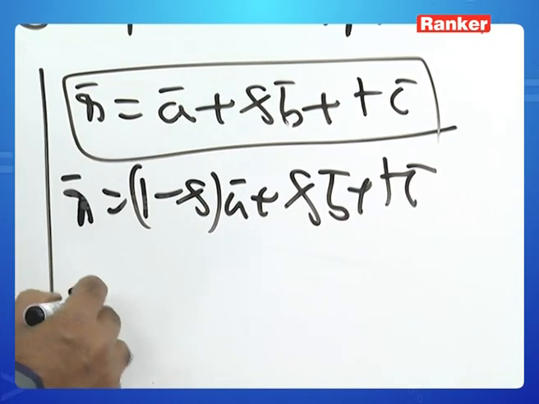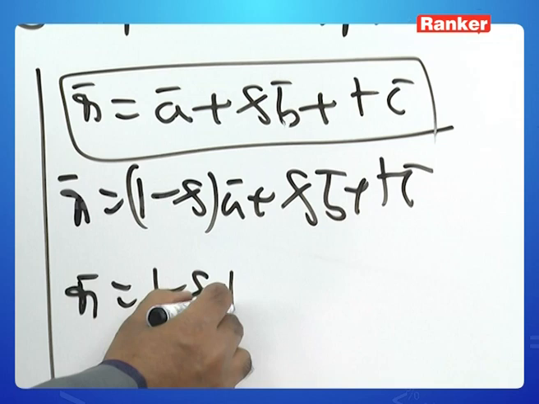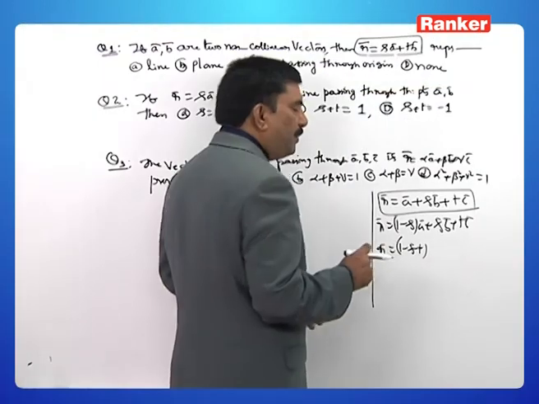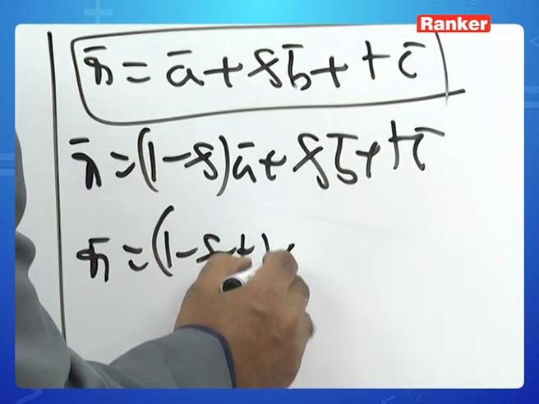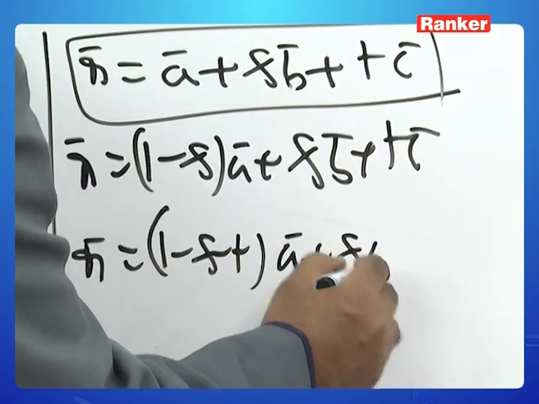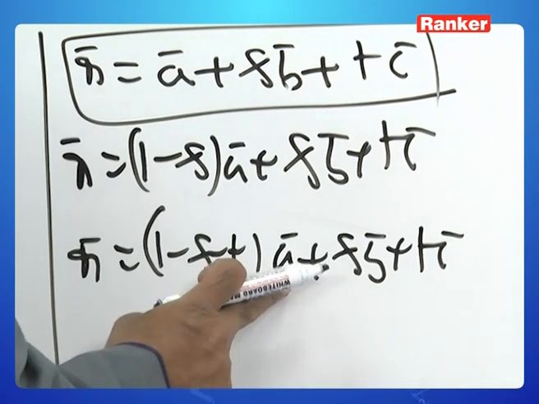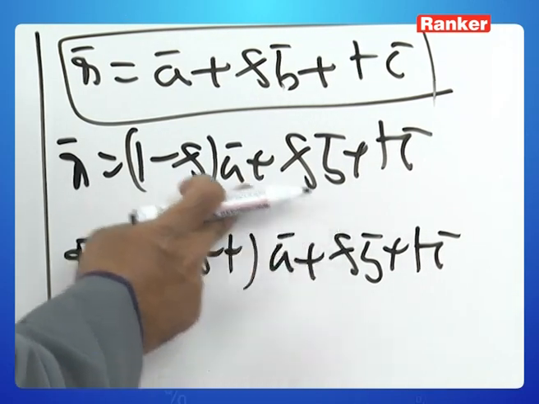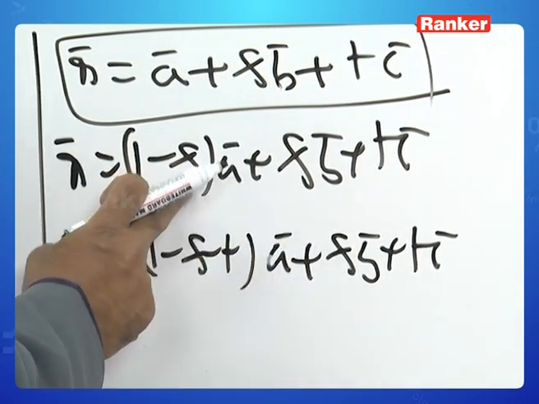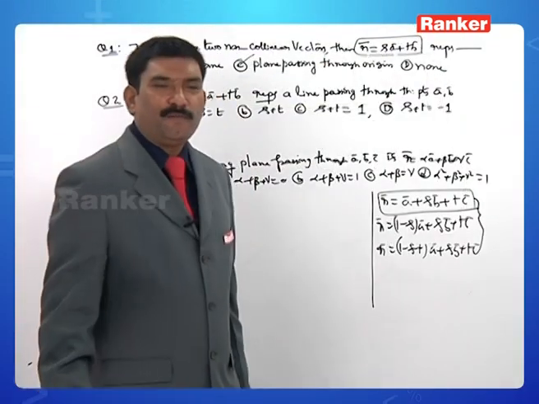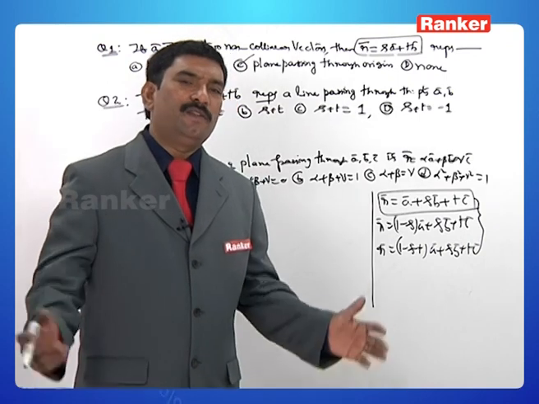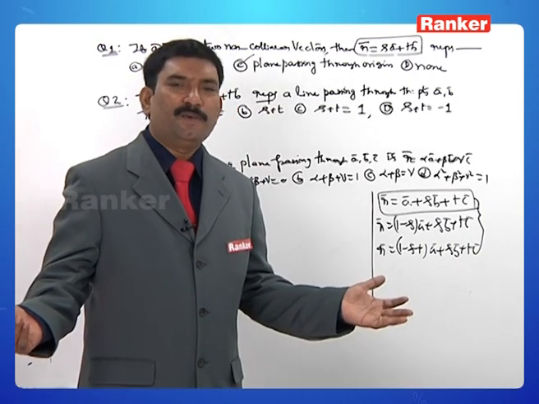I can also write another equation, the vector equation of a plane passing through three non-collinear points a bar, b bar, c bar, which is (1 minus s minus t) a bar plus s b bar plus t c bar. When a bar is equal to 0, this value becomes 0, this also 0, this also 0. All three planes become r bar equal to s b bar plus t c bar.